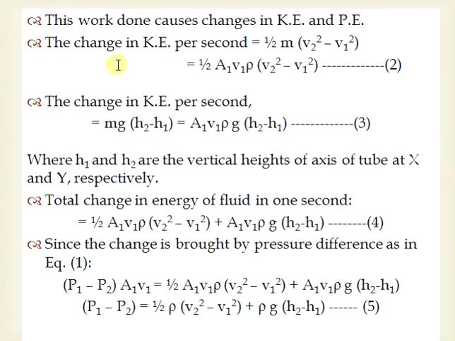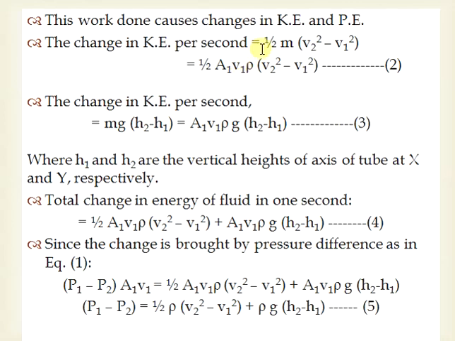First, we will consider the change in kinetic energy per second, which will be equal to half m into v2 square minus v1 square. This mass can be written as volume into density. So here the volume is A1 into delta x1 into density rho.